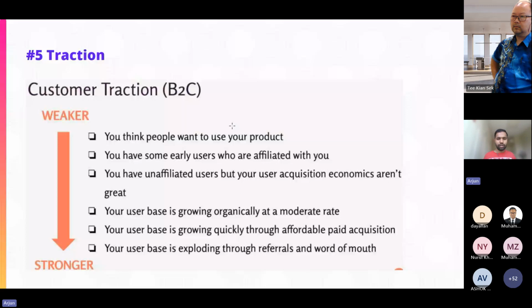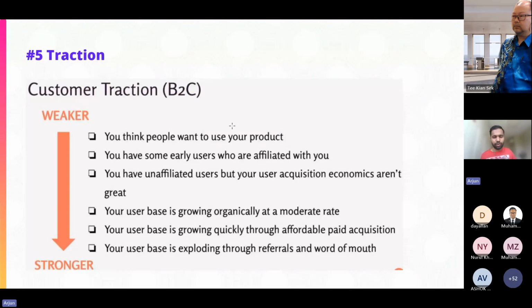Similarly, if you are coming up with an application, or even a hardware device, if you spend a lot of money to market this product, then basically it is a weaker customer traction. But if your product is so good that people are organically buying it, even without you spending money to acquire customers, people are referring your products through word of mouth.